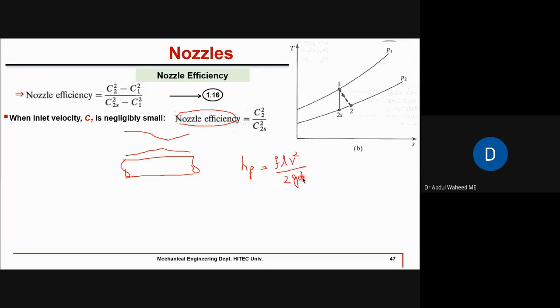So D is diameter for circular ducts, or if it is circular cross-sectional nozzle. If it is non-circular nozzle or non-circular pipe, then we have to replace it with hydraulic diameter, 4A over P. So all these factors are actually affecting the efficiency because all these factors are contributing to frictional effects.